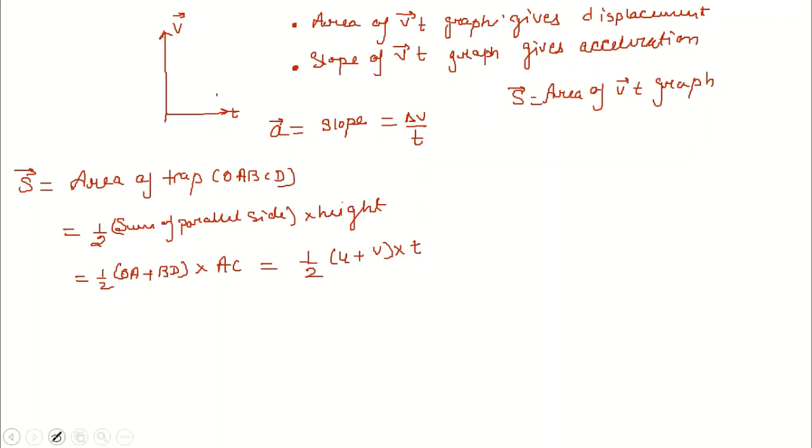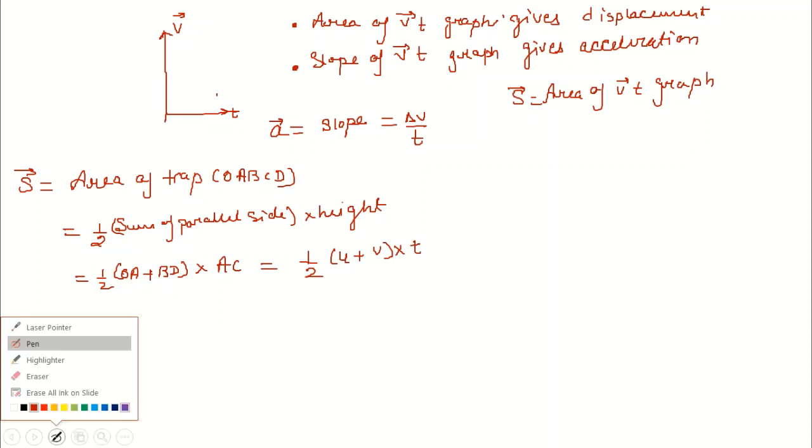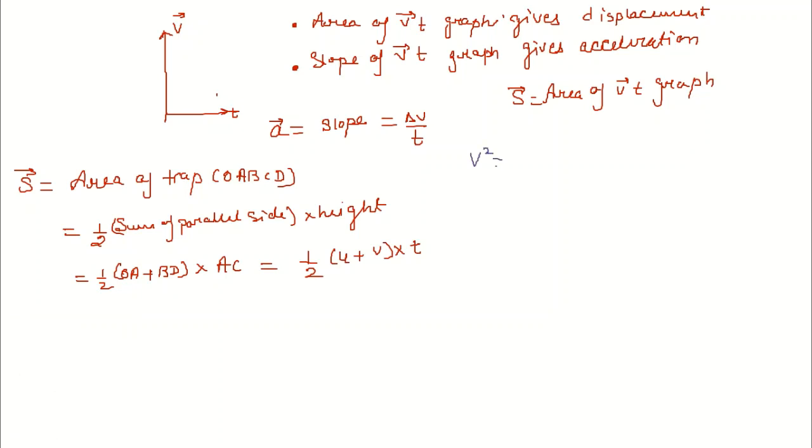If I look at the third equation of motion, v square is equal to u square plus twice as. In this, I do not have t. So from the first equation, v minus u is equal to at, and I'll substitute the value of t in the equation.